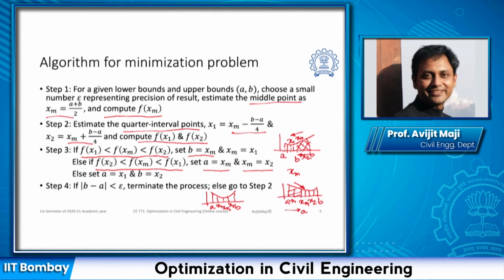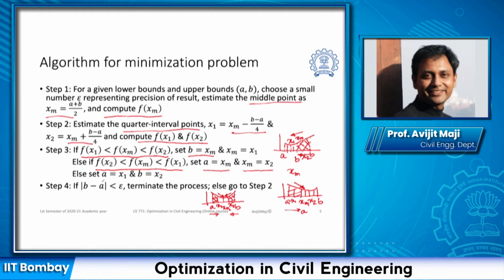So in this case we are saying that the middle point objective function value is lesser than the 2 points on either side of it, and hence logically we can eliminate this portion, and hence my boundary a moves to x1 and b moves to x2.